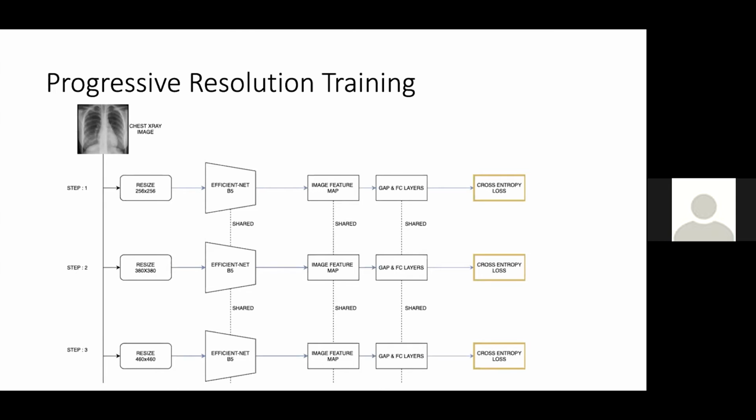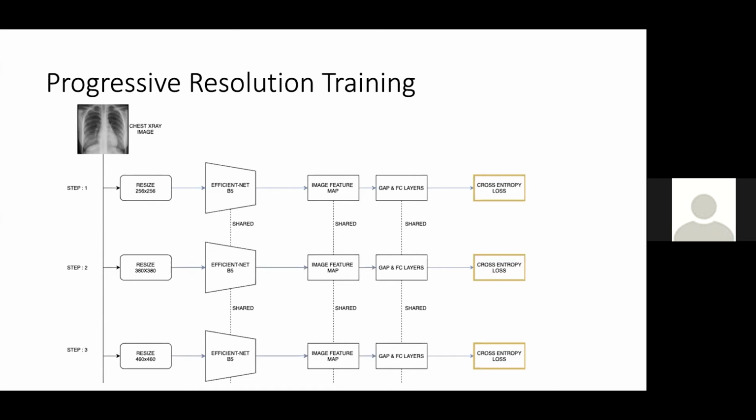First of all, we train our neural network on small images, for example 256 by 256 that we did here. So our neural network learns bird's eye view features of the image, like global features. Then we gradually, for example, first we train for 20 epochs, then we stop here, and in the next we train with 380 by 380 images on the same backbone that is EfficientNet B5.